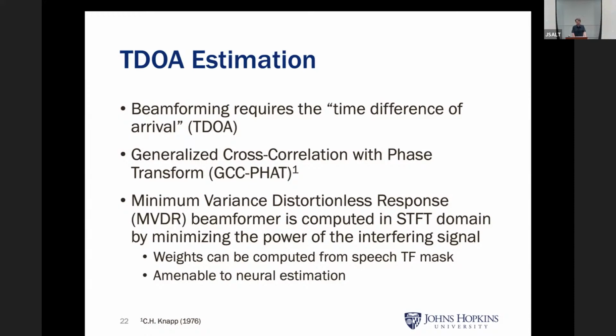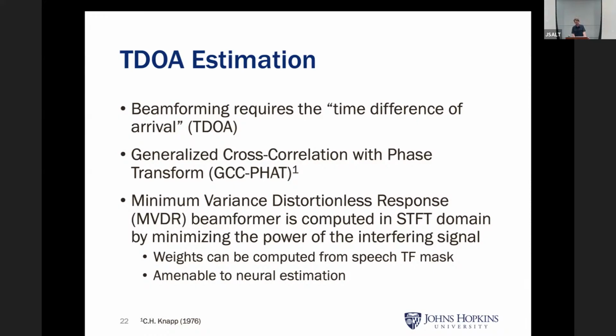Just a couple quick comments on approaches. There's GCC-PHAT, the generalized cross-correlation approach. This is more or less a standard cross-correlation where you're adjusting the delay and trying to find the point where they match. Then MVDR beamforming is an improvement over the delay and sum beamforming.